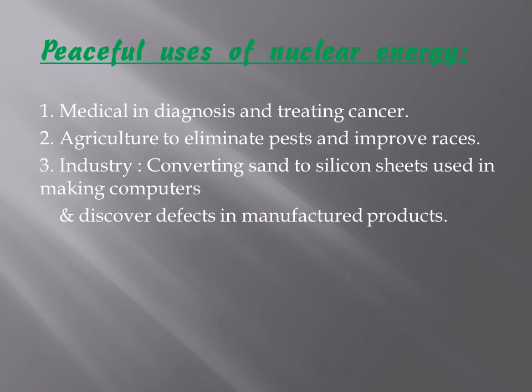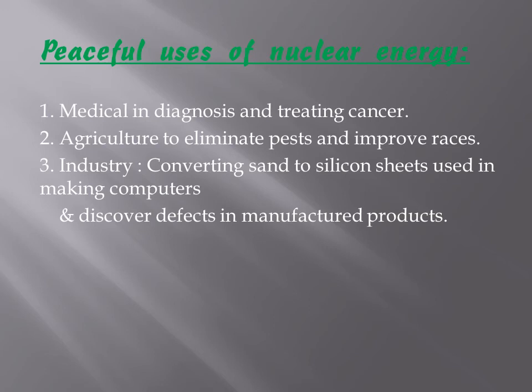Now we're going to move to some peaceful uses of nuclear energy. Nuclear energy has some good uses, like diagnosis and treating of cancer. Eliminating or killing pests and improving races.